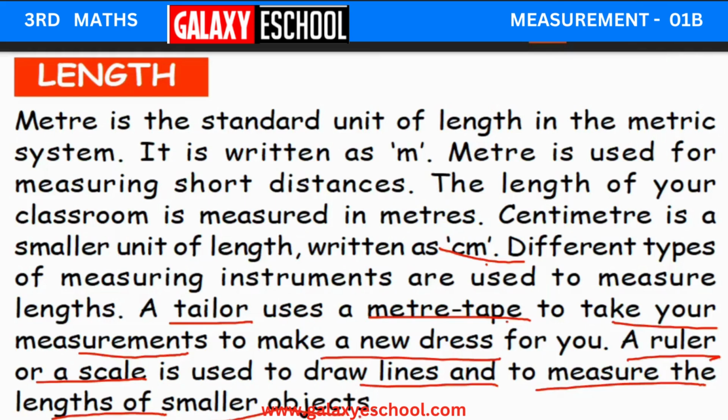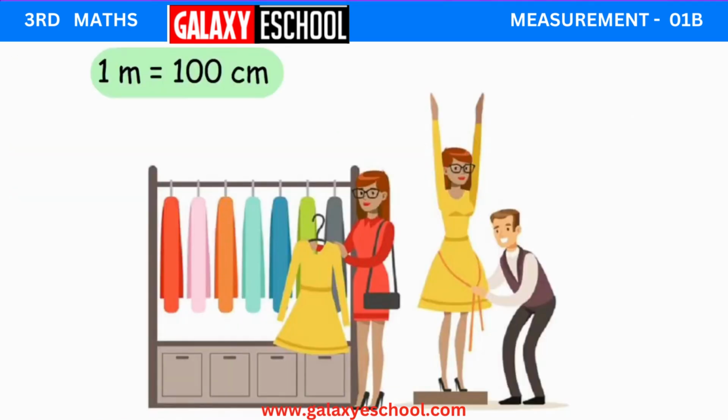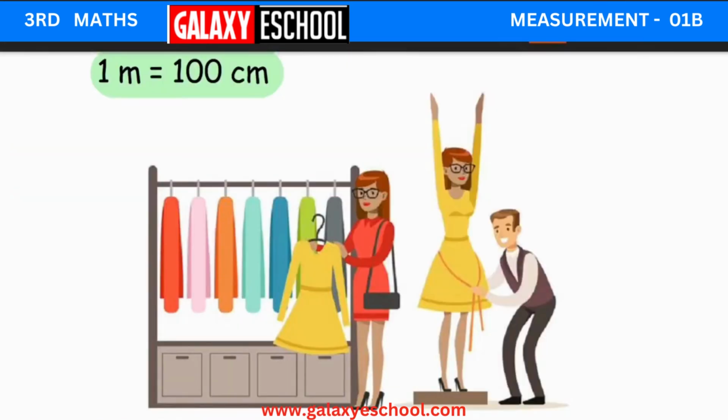Clear, children? Now coming to the relationship between the meters and centimeters. 1 meter is equal to 100 centimeters. Like for example, in the money chapter, what did we learn? 1 rupee is equal to 100 paise.